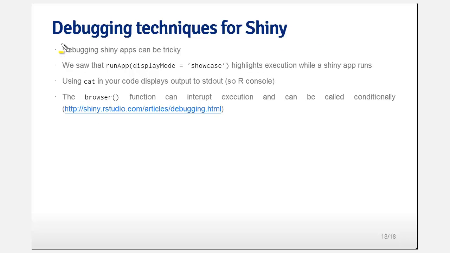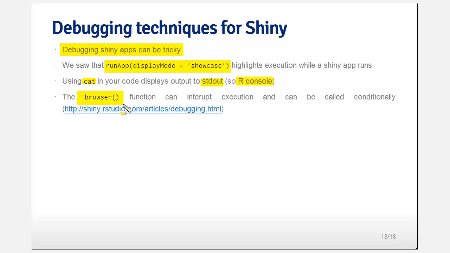So let's talk about debugging tools. Debugging Shiny apps is kind of annoying because it's not a core part of R. It's built on top of R. I actually find display mode equals showcase incredibly useful. And you can use cat, which is just like the C programming language function cat; it just displays text to standard out, so the R console in this case, usually, if you're running runApp from the R console.